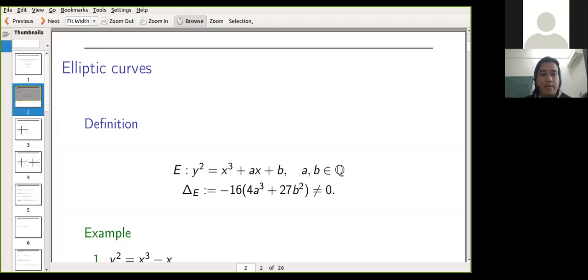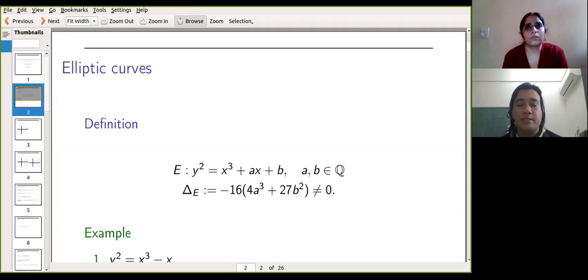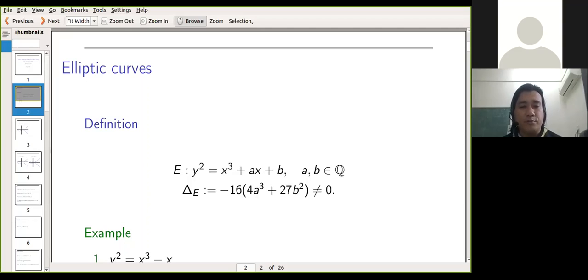If I take y squared equals x cubed minus x plus 1, here the value of a is -1 and the value of b is 1. So the discriminant is minus 16 times (minus 4 plus 27), that's minus 16 times 23, and that is also not equal to 0.